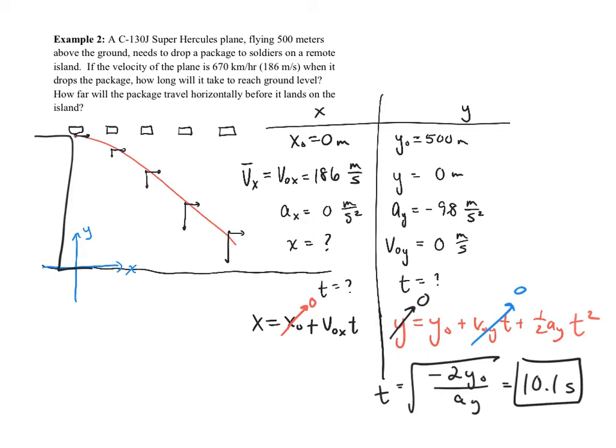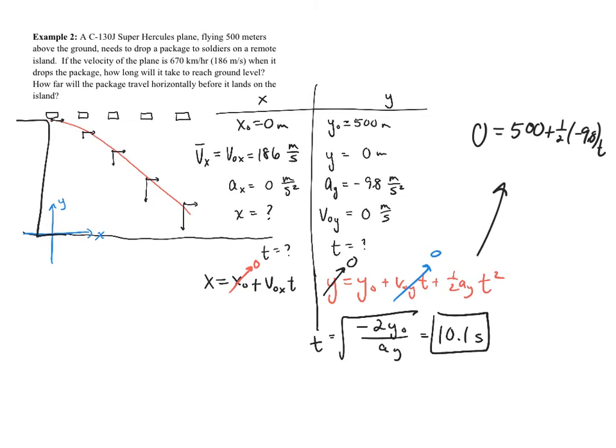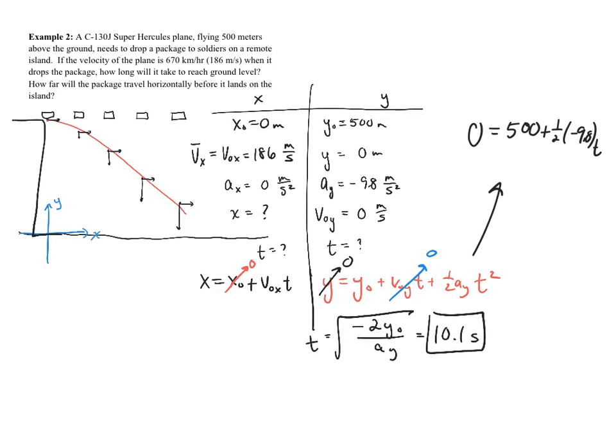Now, I'm going to point something else out real quick. You can also, if you want to, and I'm just putting these options out there, you don't have to, you could plug into that equation. You could just say 0 equals 500 plus 1/2 negative 9.8 times t squared. I'm running out of room. Okay, so you could do that.